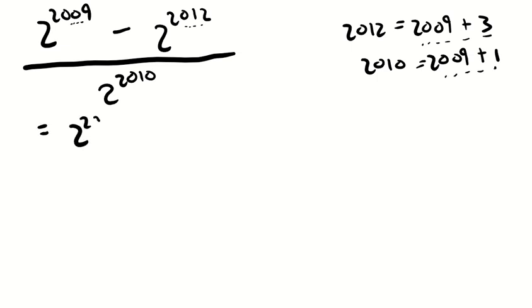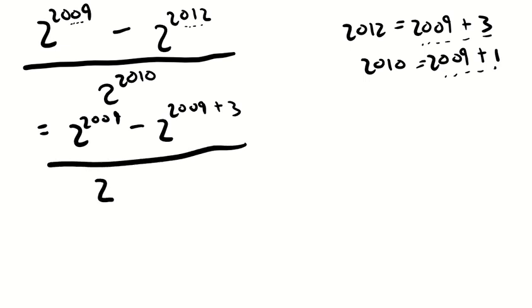You have 2 to the power of 2009 minus 2 to the power of 2009 plus 3 over 2 to the power of 2009 plus 1. In this way, it becomes easier to work with these large numbers.